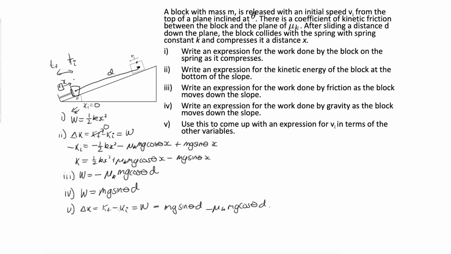And this is equal to the final kinetic energy, which is this half kx squared plus mu_k mg cos theta x minus mg sin theta x, and then we've got the minus the initial kinetic energy, which is what we're trying to calculate, so that'll be a half m vi squared.